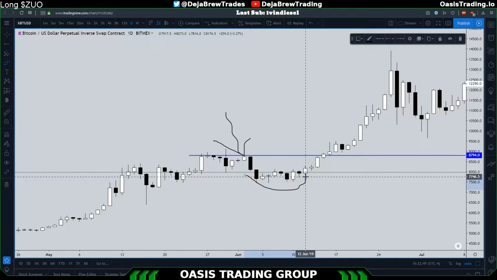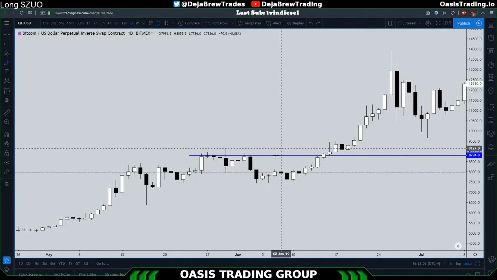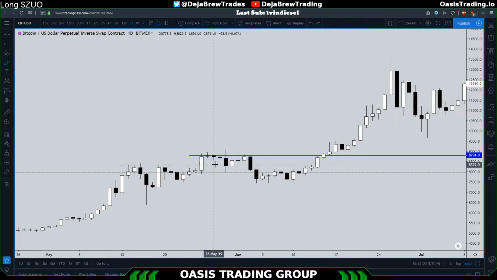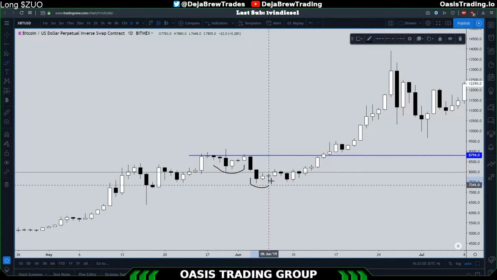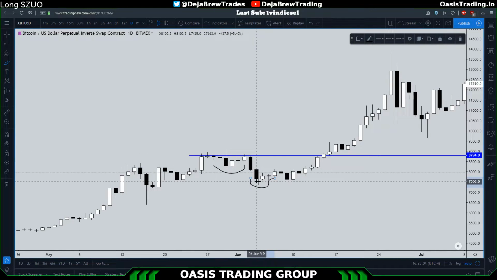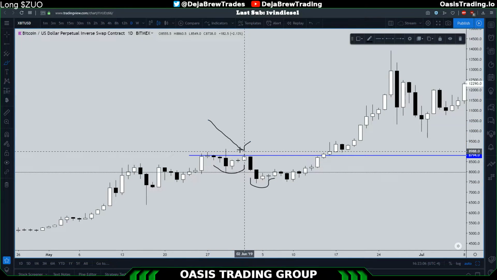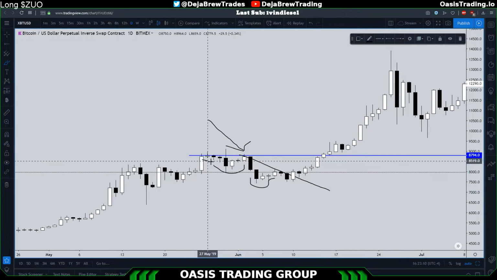So I wouldn't beat yourself up if you actually traded this and you lost this trade. This is a lot harder. Because what do we see here? If you're looking at your local trend, yes, you do have a lower low. You have a lower high, you have a lower low. So this could have easily turned into a downtrend.